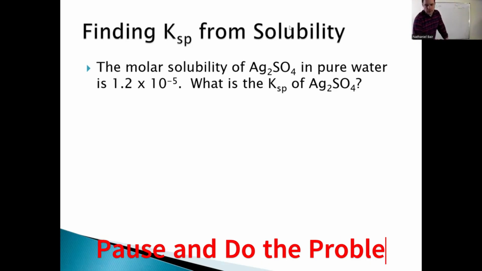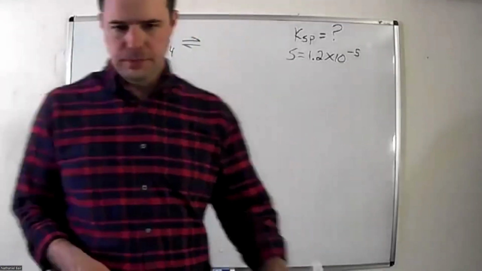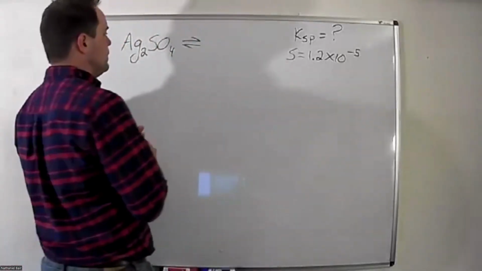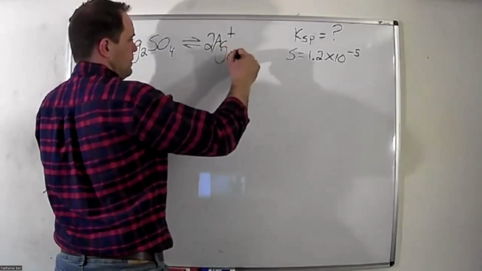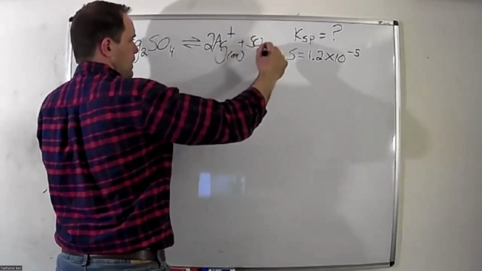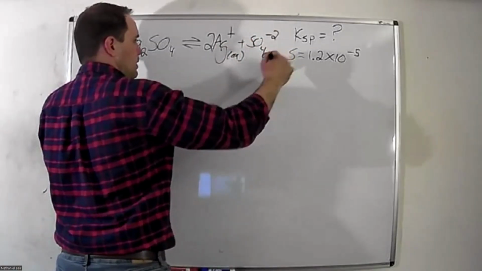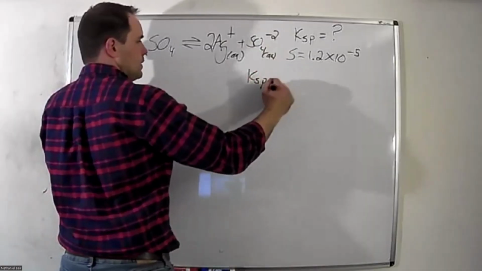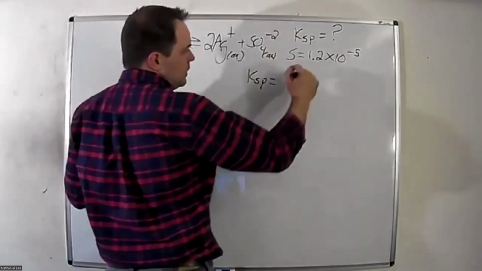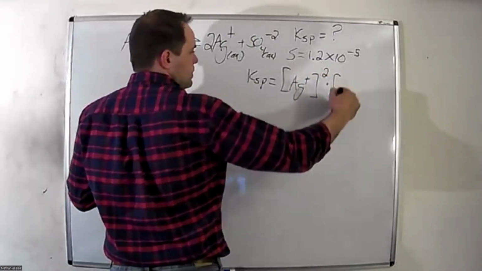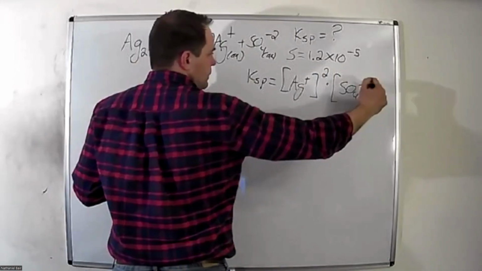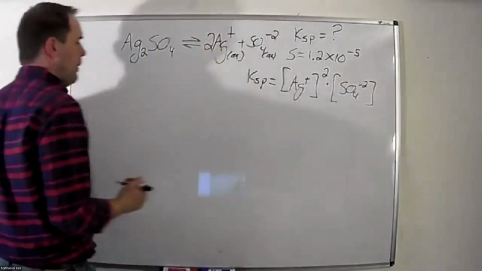All right, let's do it. Here we go. So this is going to dissolve into 2 silver cations and a sulfate anion. And now we can write our mass action expression. It's going to be the silver ion concentration squared times the sulfate ion concentration. Just like that.